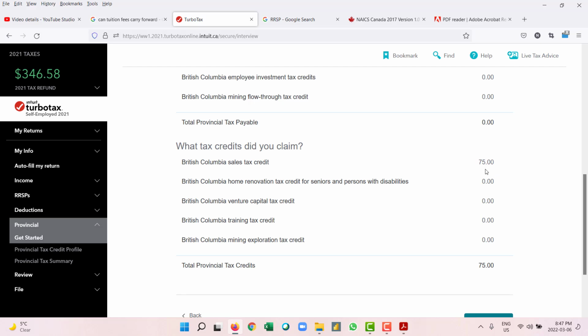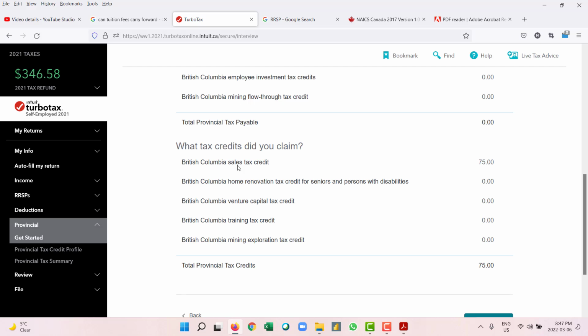Sales tax credit, and that $271 was my initial amount. So 271 plus 75 is 346 exactly. You can match that. British Columbia has given me $75. It is actually for GST. Sales tax credit means when you pay something, they deduct some GST from your sales amount.